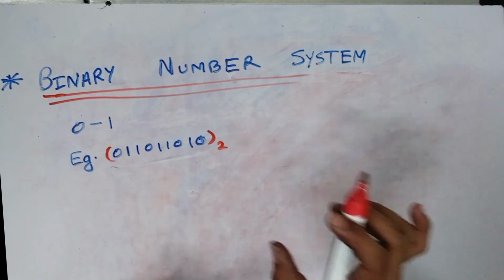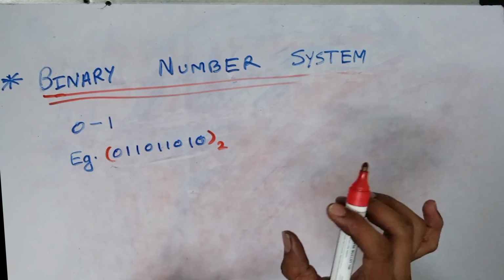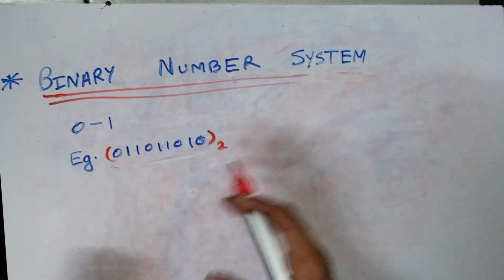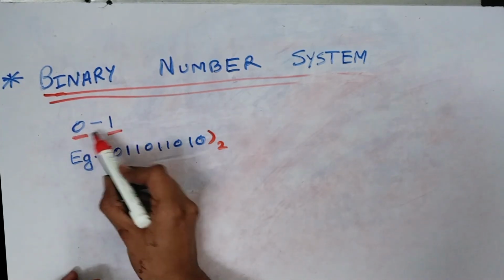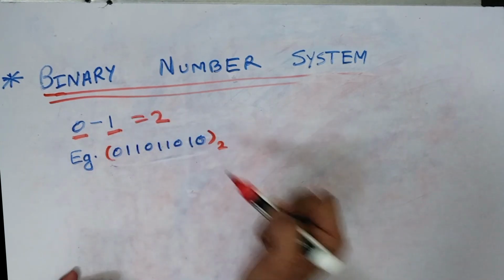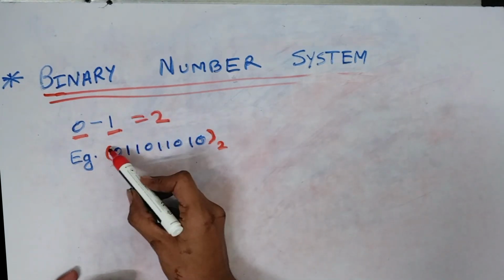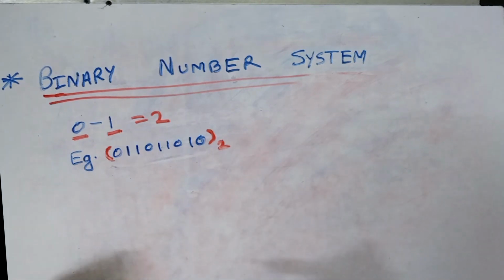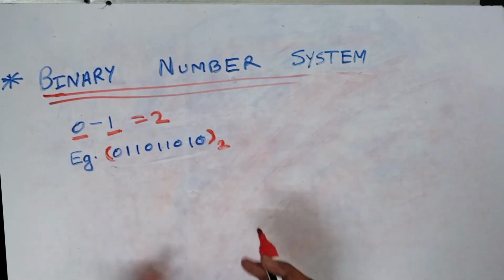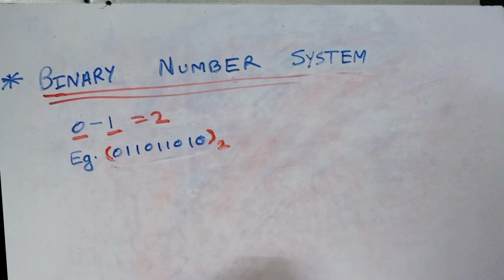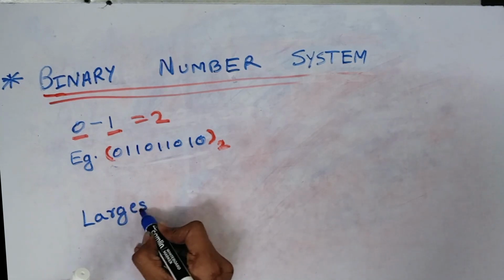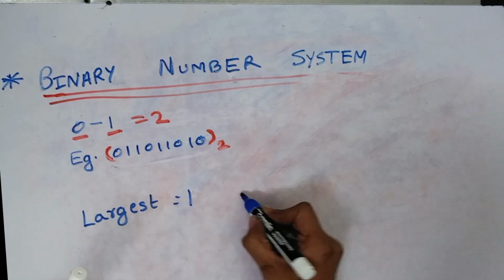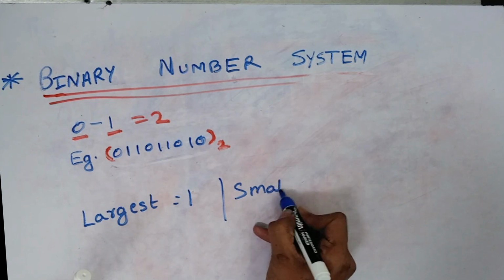In this case, the binary number system has only two numbers, 0 and 1, so we can write that the base is 2. So this is a binary number system. The largest number in the binary number system is obviously 1, and the smallest is 0.